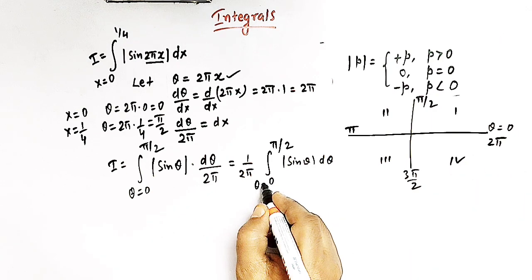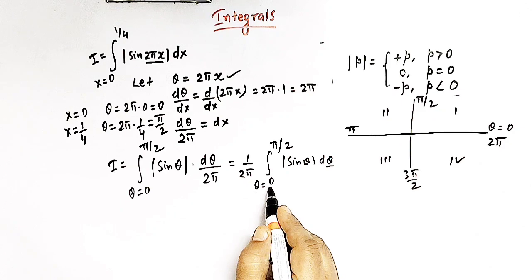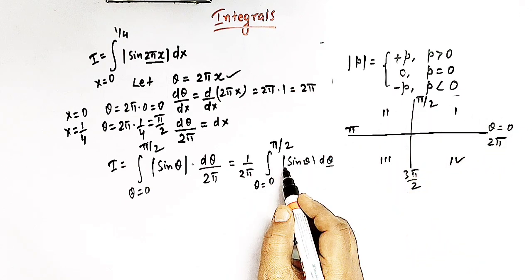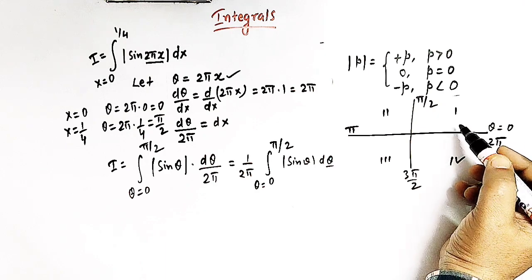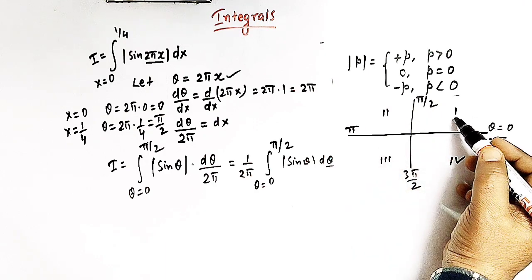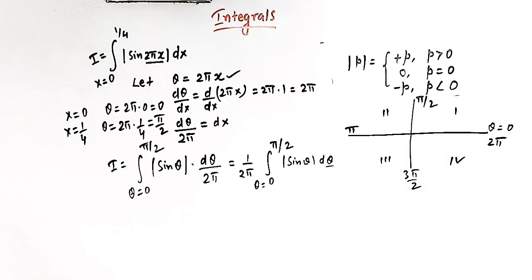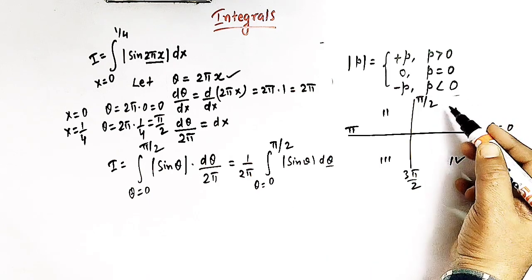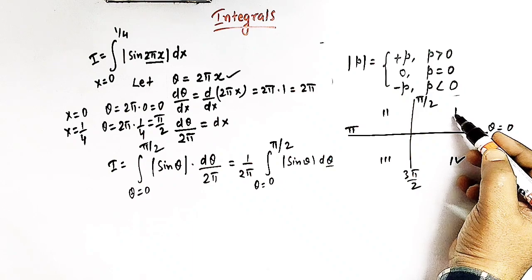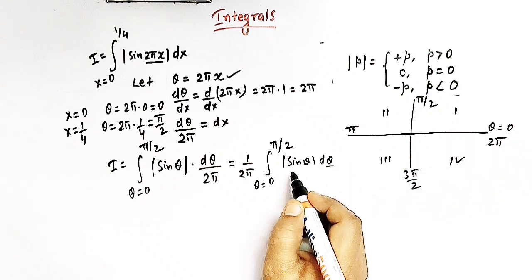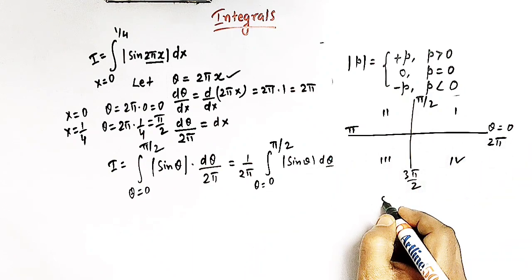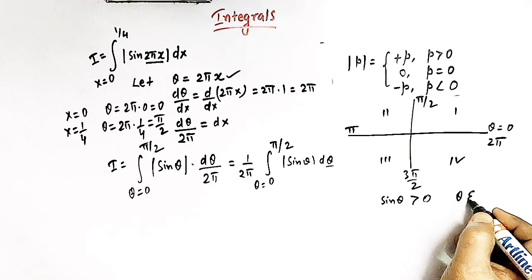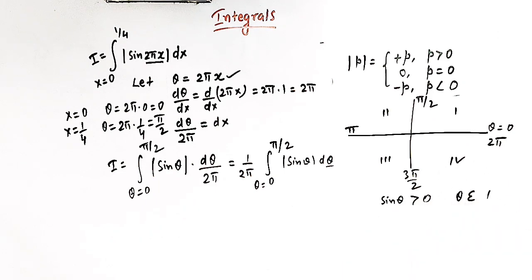Now here the value of theta goes from 0 to pi by 2, right? So it implies that we have to restrict ourselves to the first quadrant only. And from trigonometry we know that all the six trigonometric functions are positive in the first quadrant, right? So here sine theta is greater than 0 when theta belongs to the first quadrant, right?